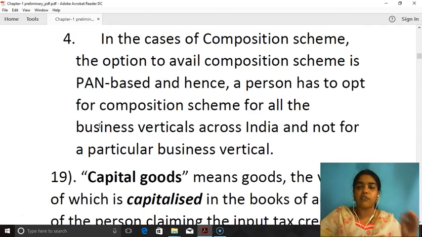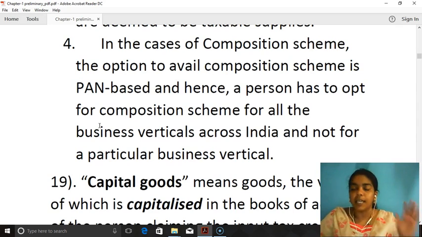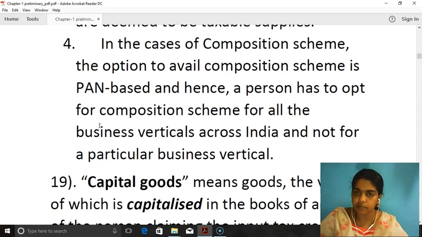In the case of the composition scheme, the option to avail composition scheme is PAN based and hence a person has to opt for composition scheme for all the business verticals across India and not for a particular business vertical. Let us suppose that there are 5 business verticals for a person and he has a turnover of less than 75 lakhs and he wants to go for composition scheme.